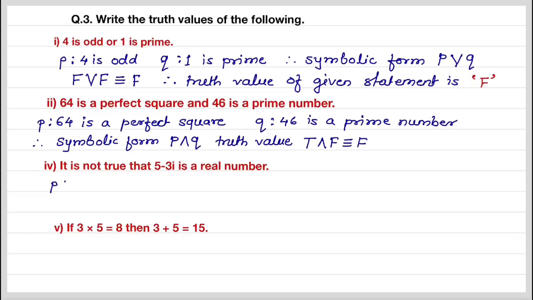Here statement P is, we will write negation of P. It is not true that 5 minus 3i is a real number.